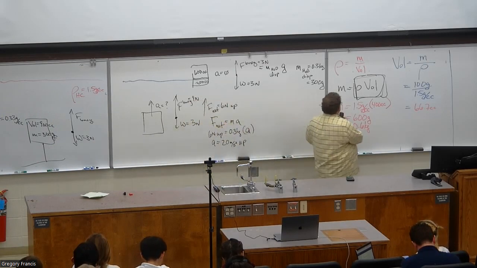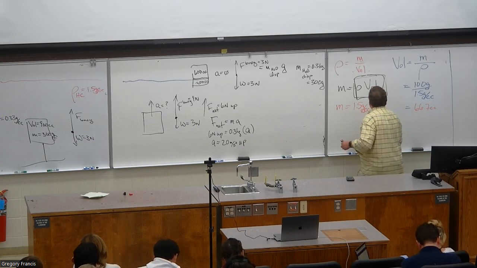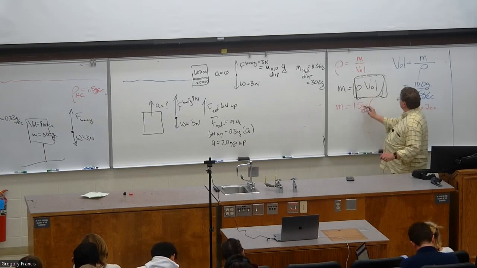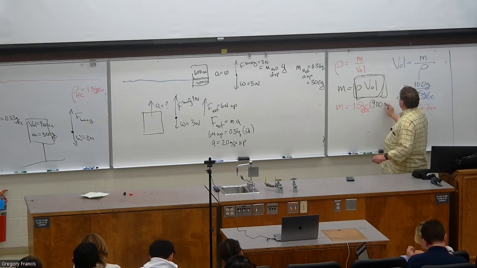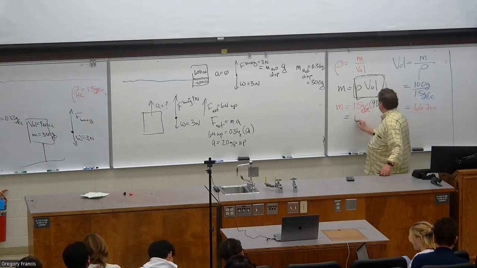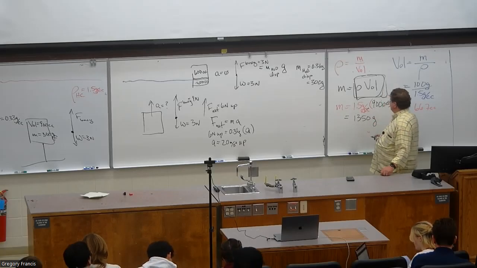So I go back to this density equation, solve it for mass. And my mass is going to be equal to the density of 1.5 grams per cc times 900 cc's. The cc's cancel, grams, and so that's going to be 1350 grams.